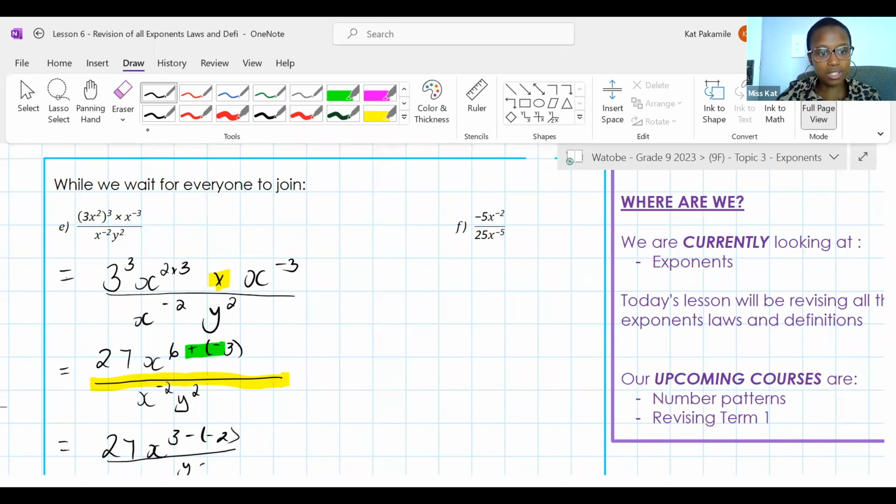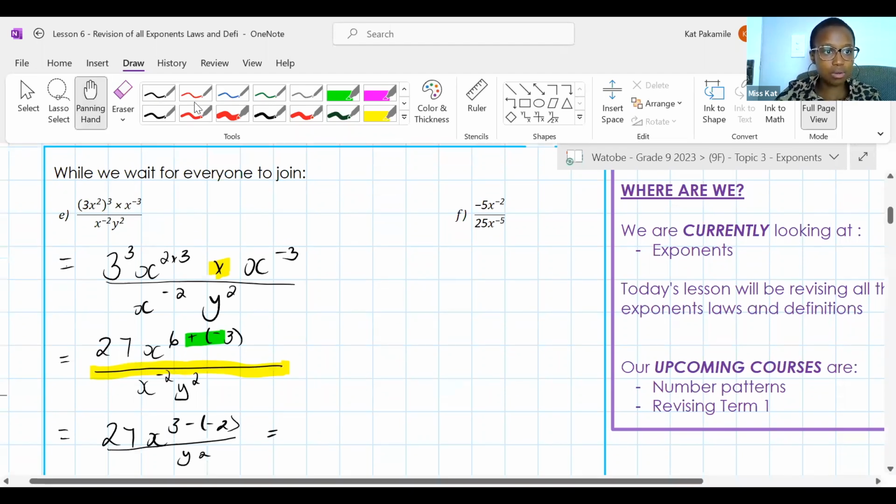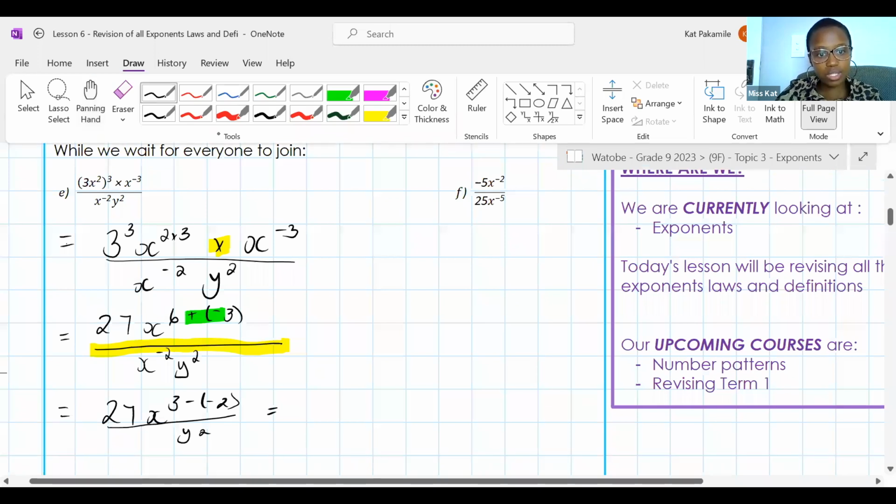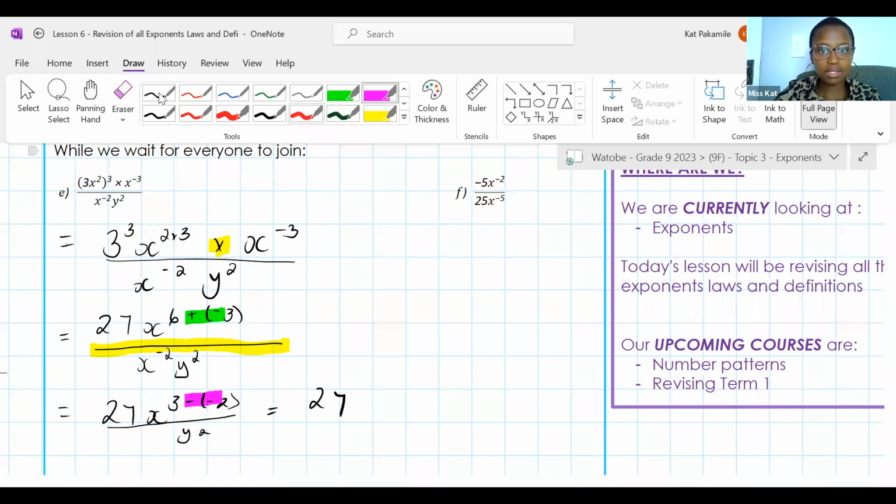So our final answer is 27. We have another situation of 2 negatives here. Minus minus, 27x. 3 plus 2 is 5 over y squared.